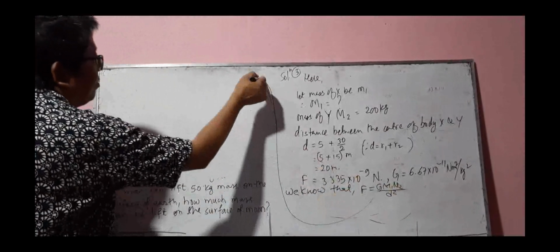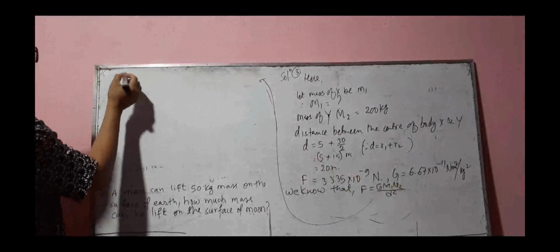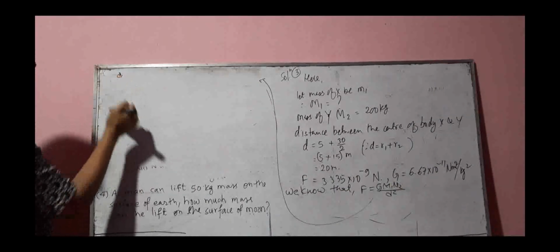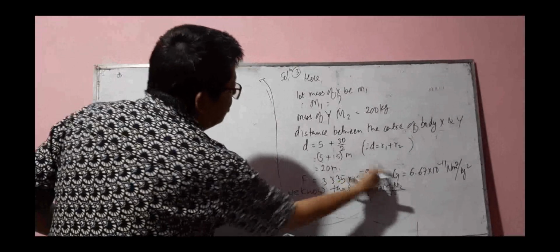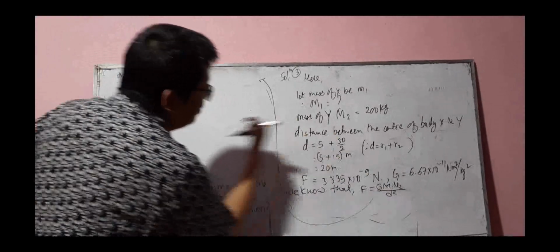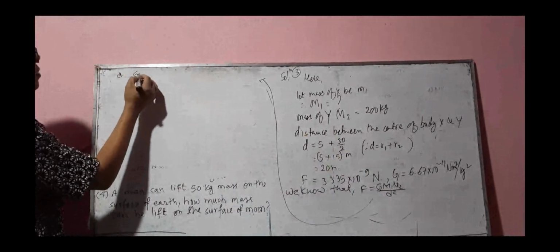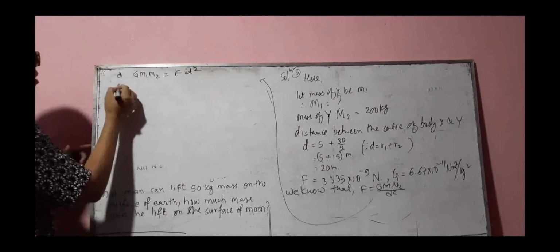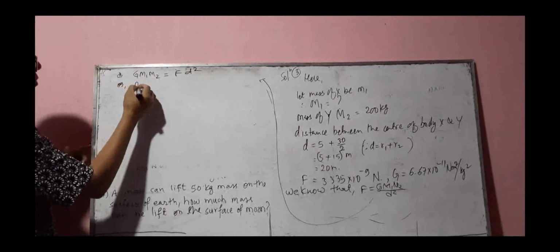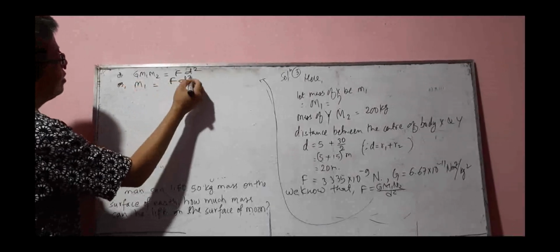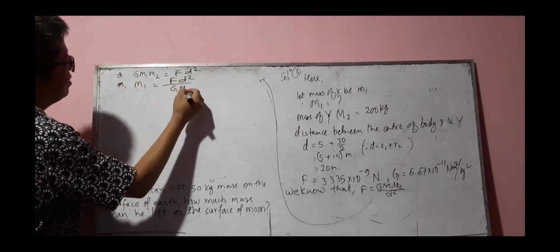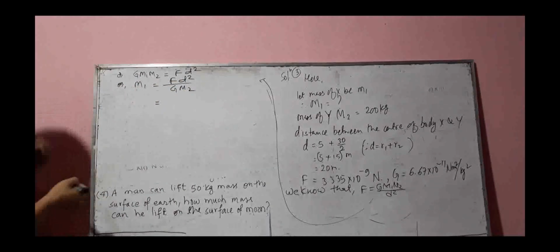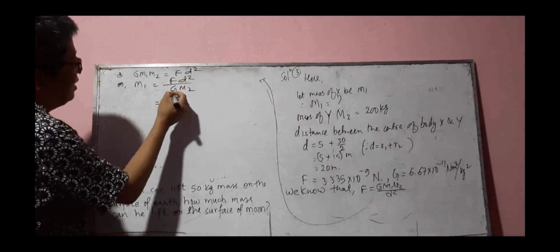So starting from here, we have to find the value of m1. So first of all we cross multiply, G m1 m2 equal to f d square, or the value of m1 is f d square by G times m2. Now we put the values of f, d, G, m.